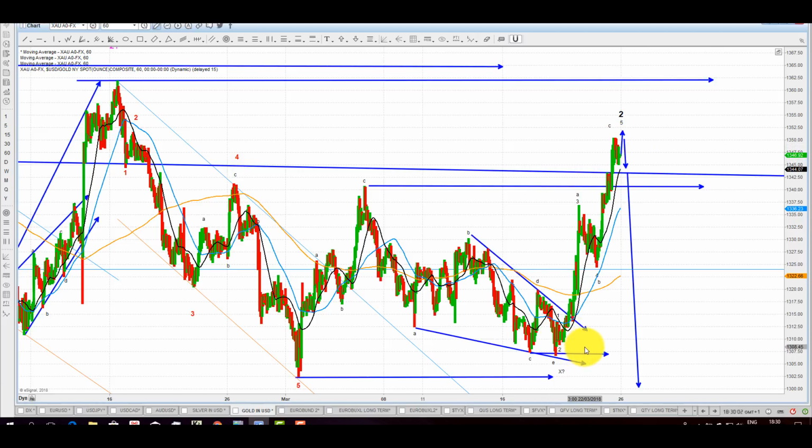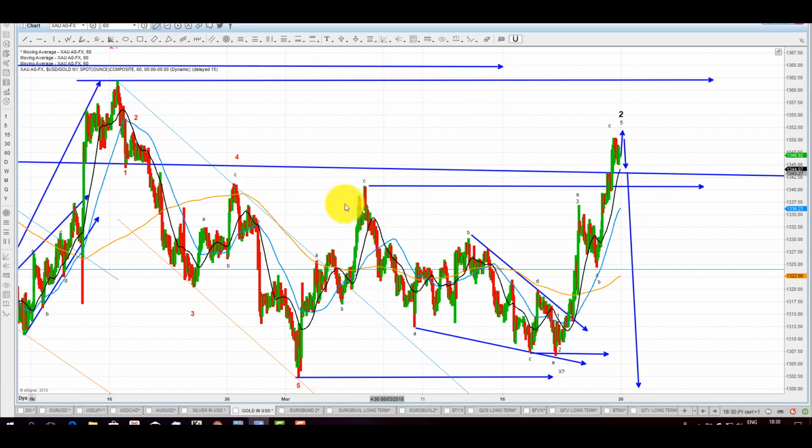At this point in time, I would suggest we can consider 1, 2, 3, 4, 5 nearly complete, or maybe just a little bit of a pop here. It must not run above 1362.